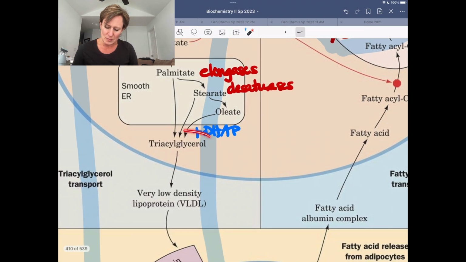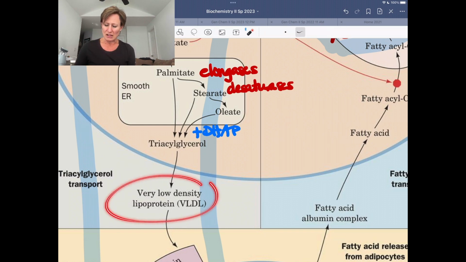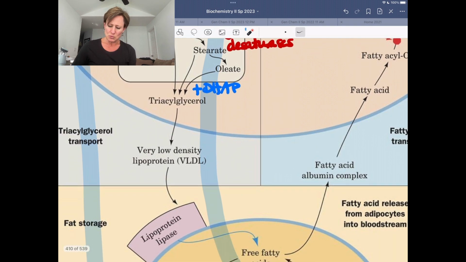That triglyceride is going to be exported from the liver as a VLDL particle. Remember, that is going to have the ApoB100 protein on it. That provides stability and provides directions. The directions tell it to go away from the liver and out to peripheral tissues.